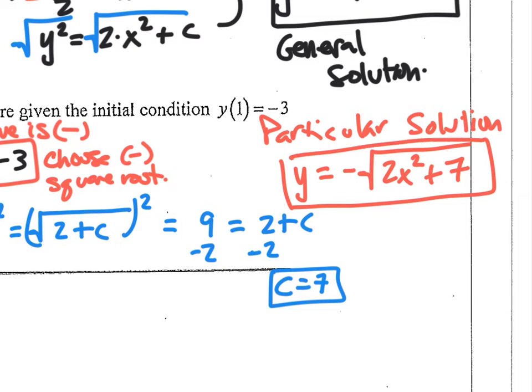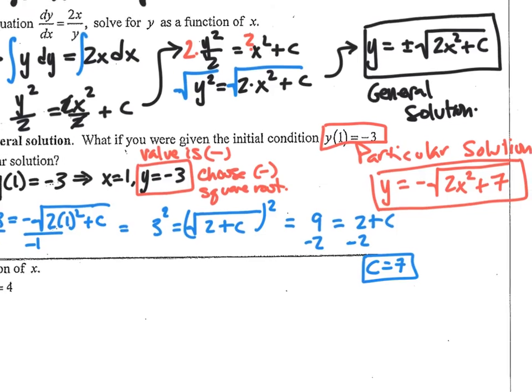And so that's our particular solution based off of this initial condition. Now, if this initial condition was different, if our y value was positive, then we would choose the positive square root, okay?